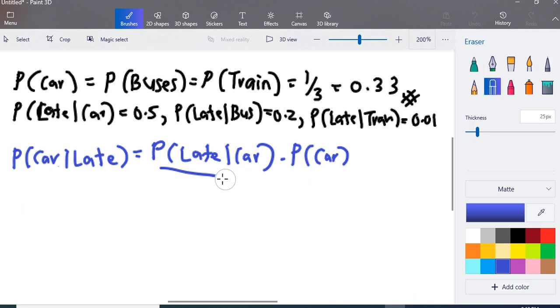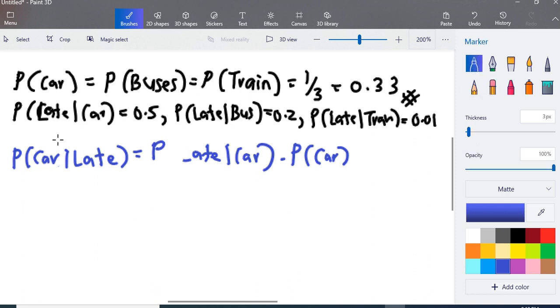It's difficult when you write down and you can't actually see the line, but anyway, divided by P(late).